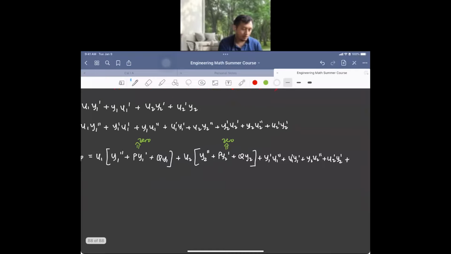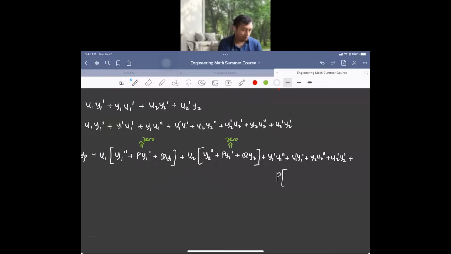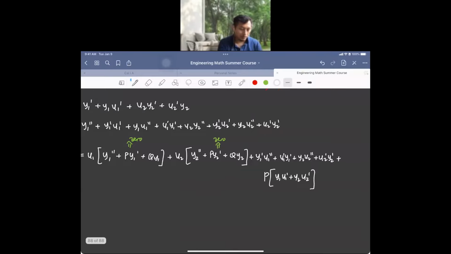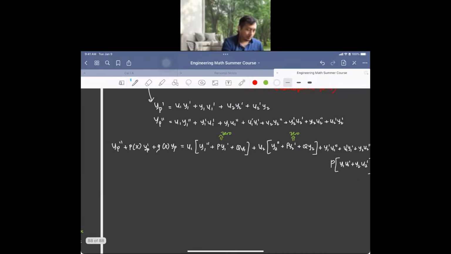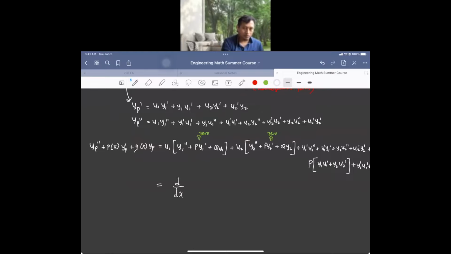And then plus p, y1 u1 prime plus y2 u2 prime, plus y1 prime u1 prime plus y2 prime u2 prime. We can set up the product form from all the y1 u1 prime plus d/dx y2 u2 prime.